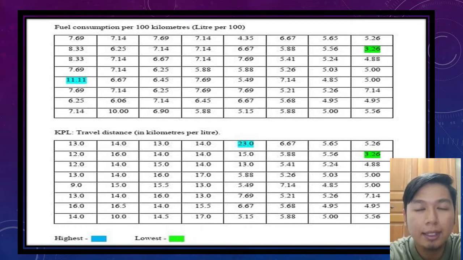If we look at these two tables properly, we can see two highlights: the blue one shows the highest value, and the green one shows the lowest value of data.